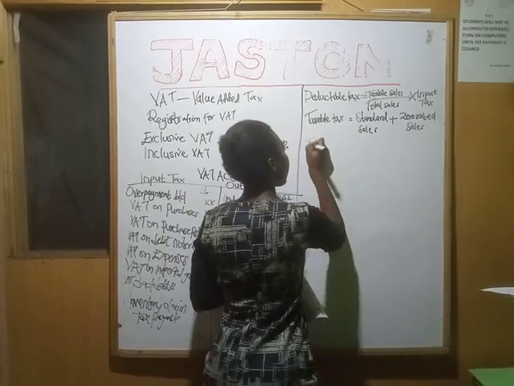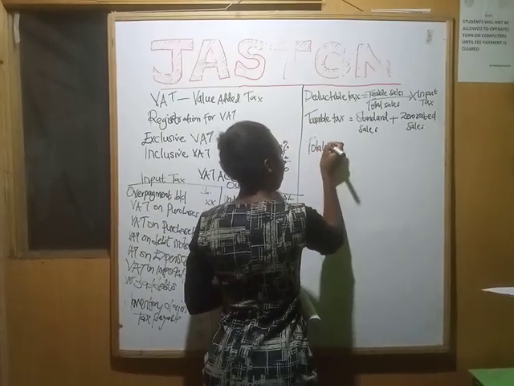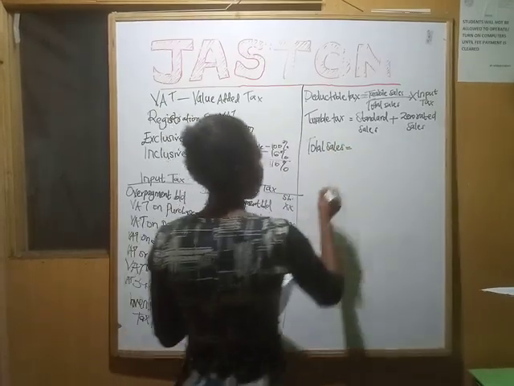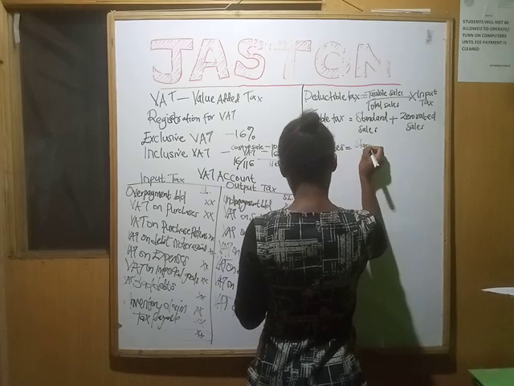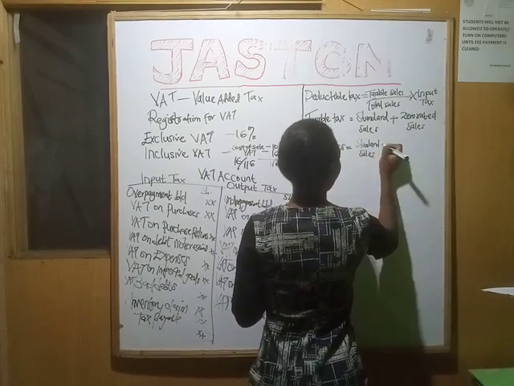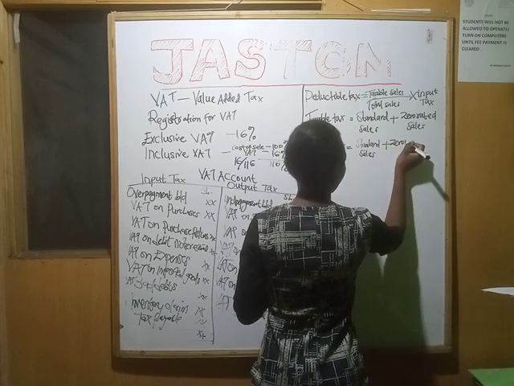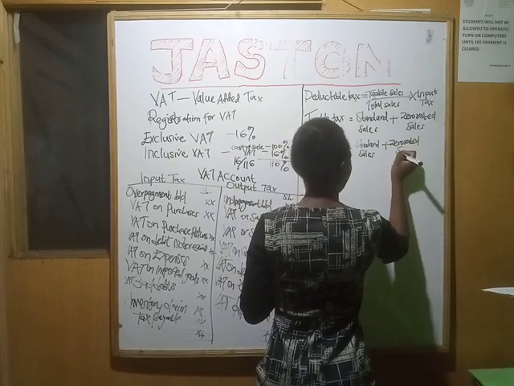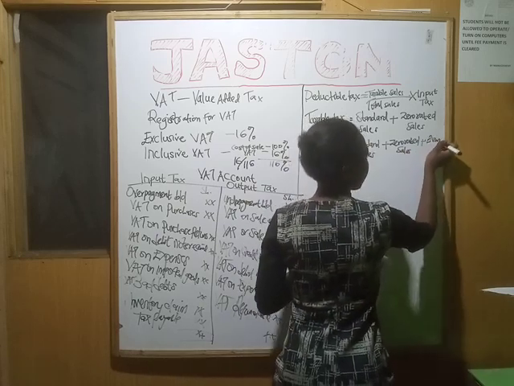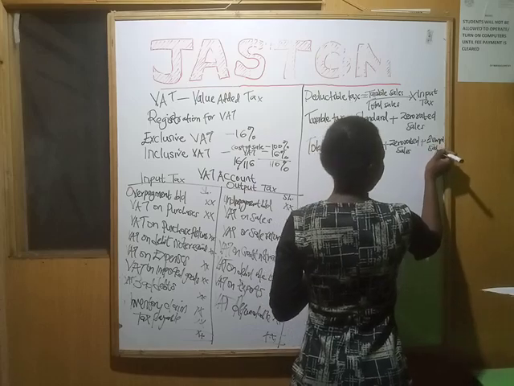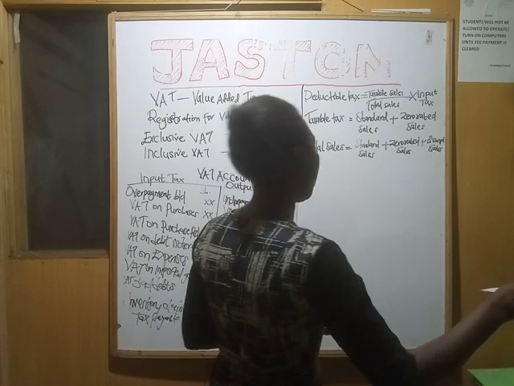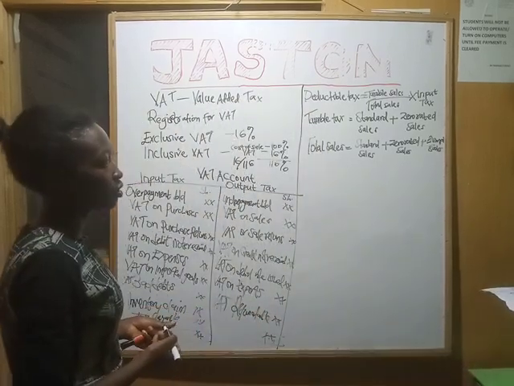We will also have the total sales. We'll get them by this formula: standard sales plus zero rated sales plus exempt sales. So these are the formulas that we are going to use in calculating our VAT account.